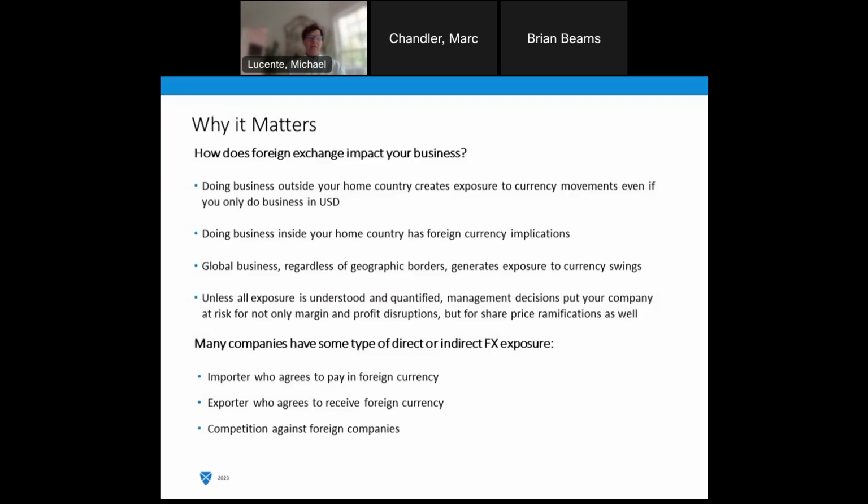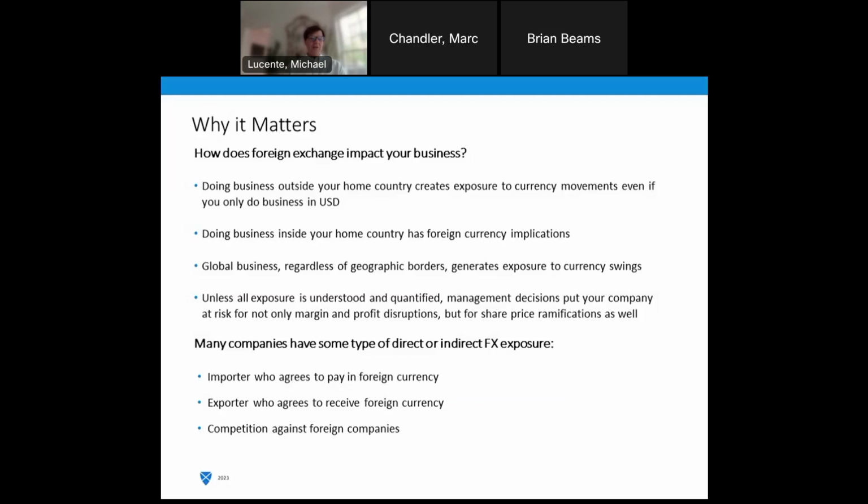And if you're a dollar functional currency business, any fluctuation in any of those exchange rates, whether you're buying or selling goods in a foreign currency, is going to impact that margin. Global businesses often generate these types of swings. So unless you understand the risk, and not just managing the risk, but executing to protect your business and your dollar margins.